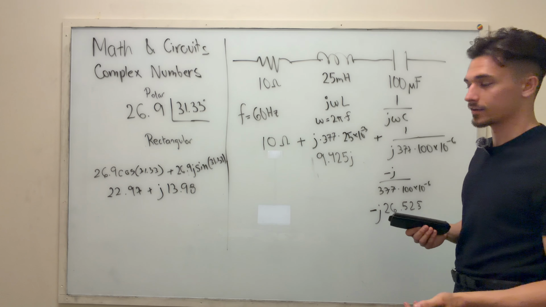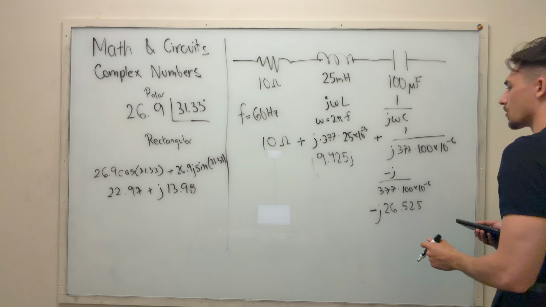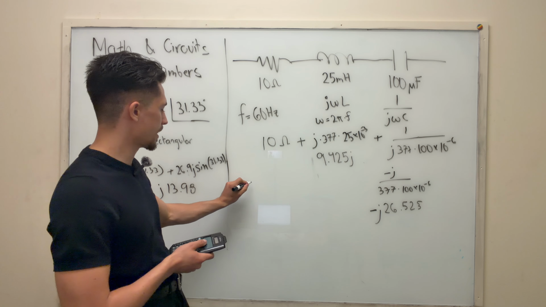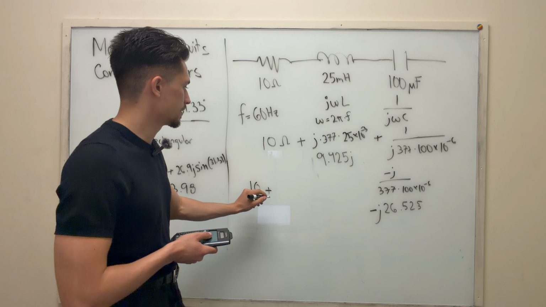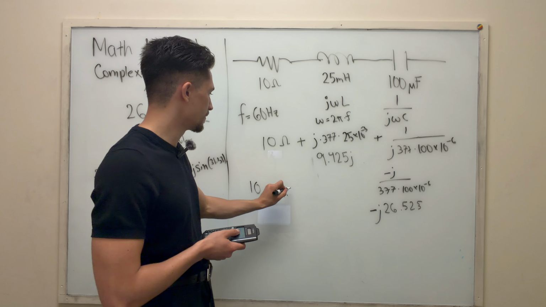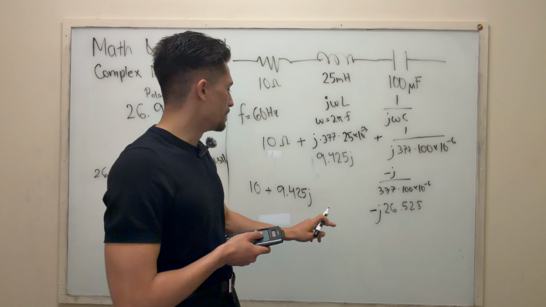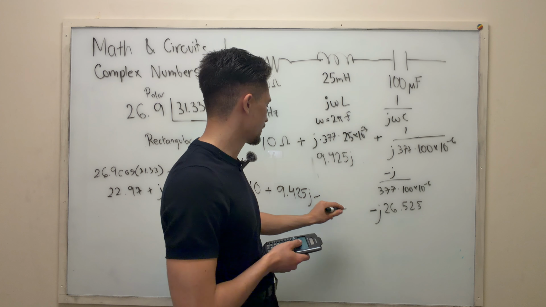So now it doesn't look that difficult at this point, right? So we take our 10 ohms, so we get 10 plus 9.425J minus 26.525J.